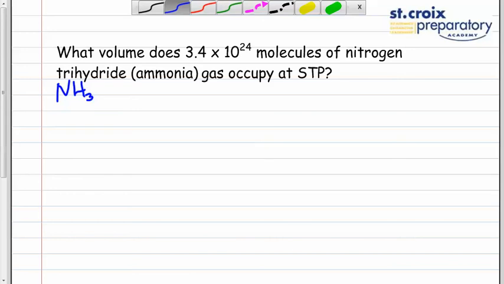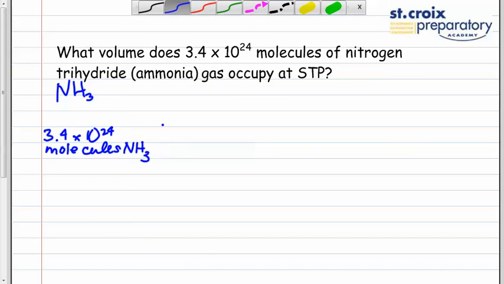So let's get started on a conversion here. We're going to start with our given, which is 3.4 times 10 to the 24th molecules of NH3.